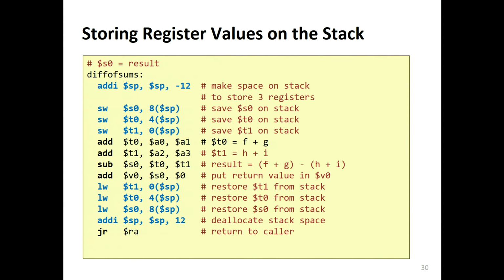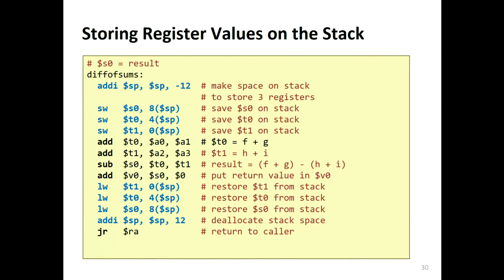And at the end, after you finish computing the return value, now you're ready to jump back, right? Now, instead of immediately jumping back to the return address, what you should do is restore these register values. So first, you pop the first value on the stack to T1. So this matches this.